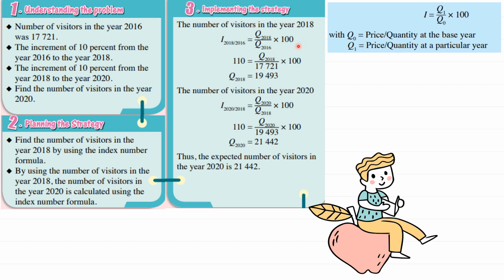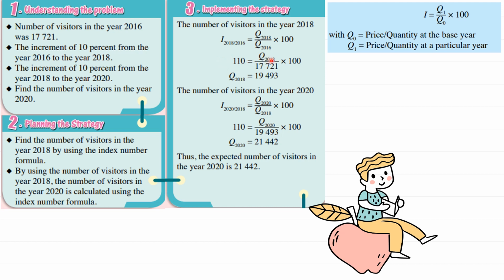You know that the increment is 10%, meaning the index number is 110. So you get 110 from the statement: increment of 10% from 2016 to the year 2018, meaning 2016 is the base year. So 2018 based on 2016, you will get 110.